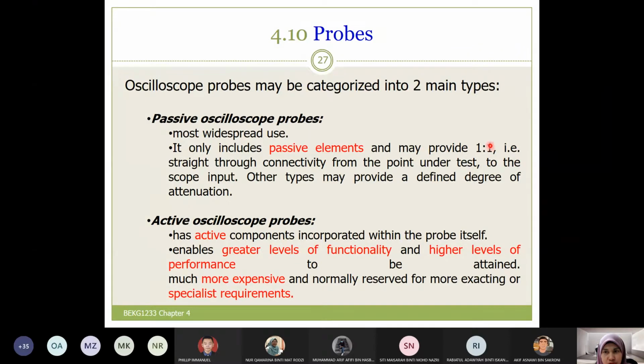Okay, 1 is the signal displayed on the oscilloscope, so the same ratio, 1-to-1. Active probes have active components incorporated within the probe itself, enabling greater levels of functionality and higher levels of performance to be attained. They are much more expensive and normally reserved for the more exacting or specialist requirements.